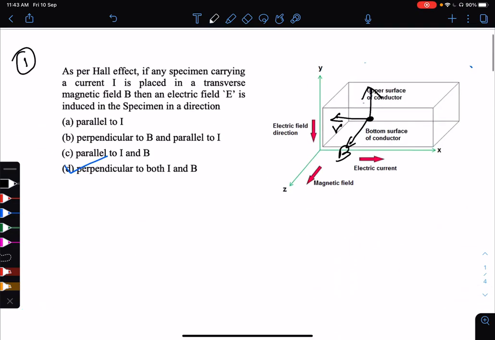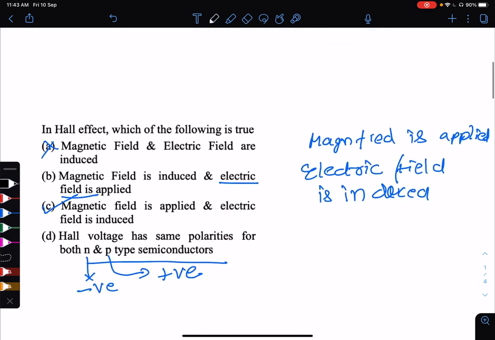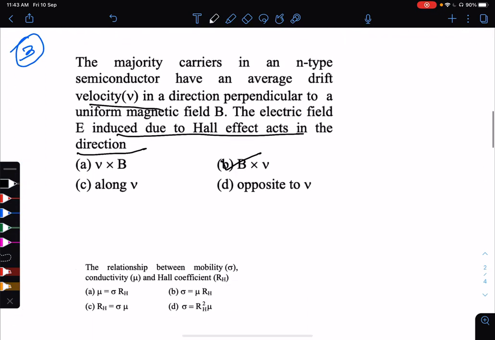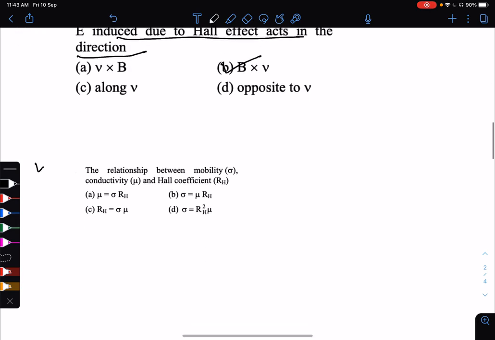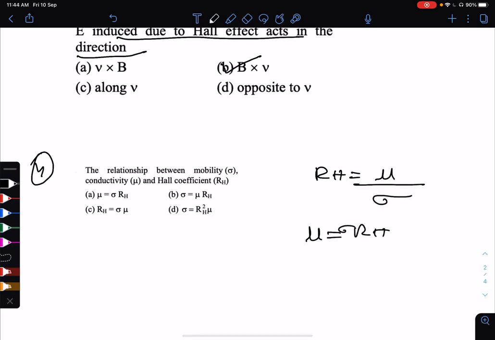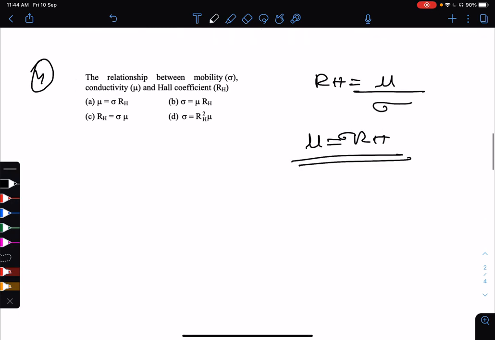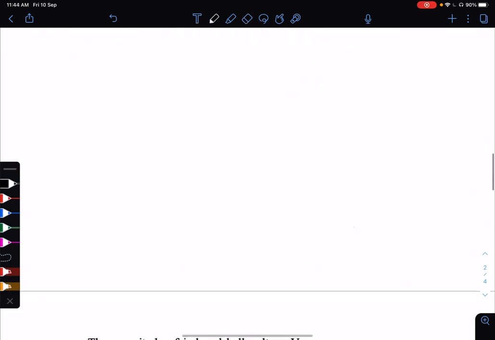You can see that V cross B is in the upward direction, but the induced field will be in the downward direction. So you can say the option with minus V cross B is the answer. And third, I directly derived this equation: R_H is equal to mobility by sigma, or you can say mobility is equal to R_H sigma, mobility into R_H. So this option is correct.